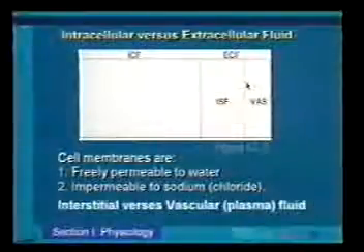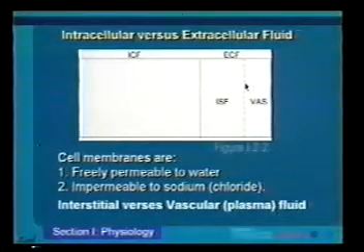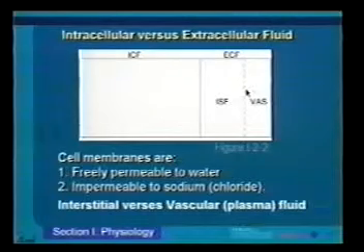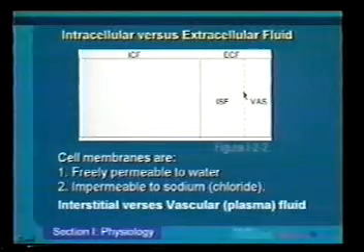If you are considering the osmotic movement of water between the vascular compartment and the interstitial compartment, then you must pass across a capillary membrane. And all you consider in terms of osmotic movement of water will be the solutes that cannot penetrate the membrane system you are considering.